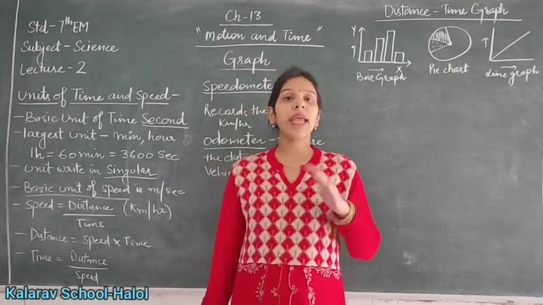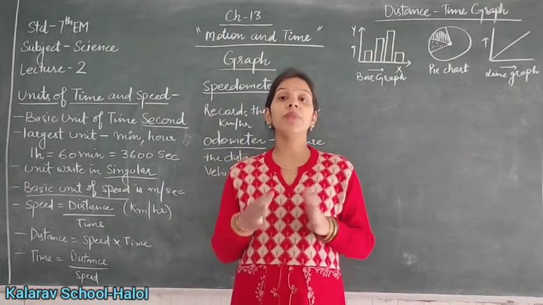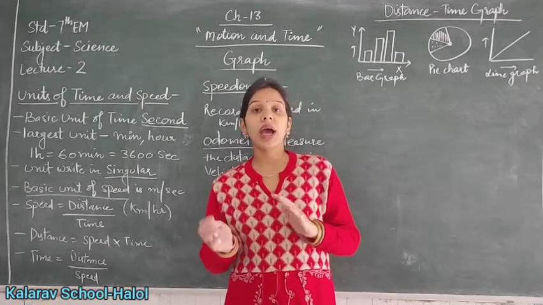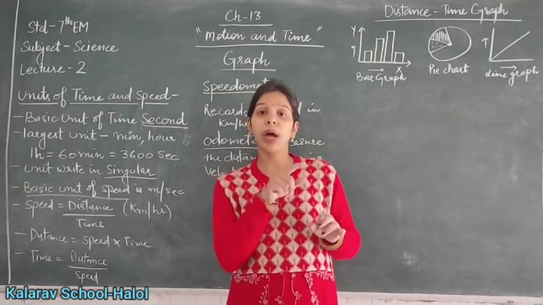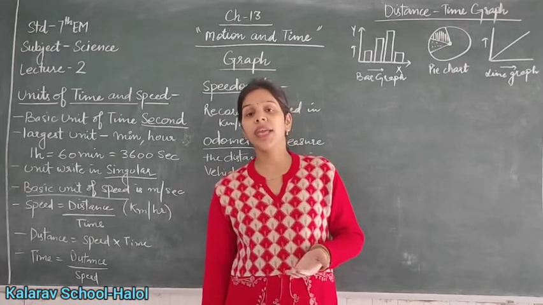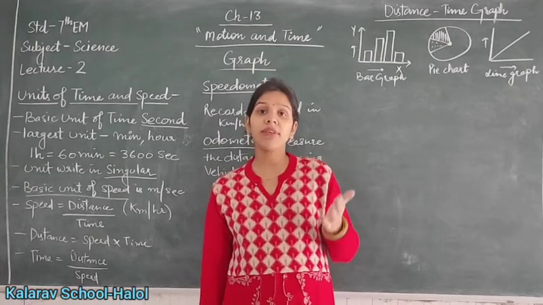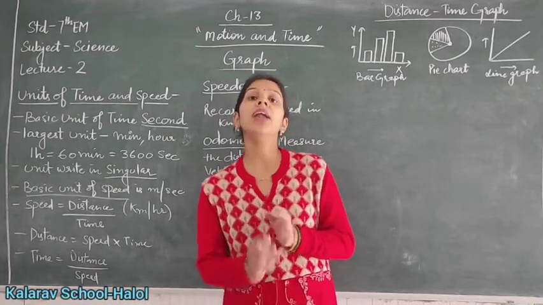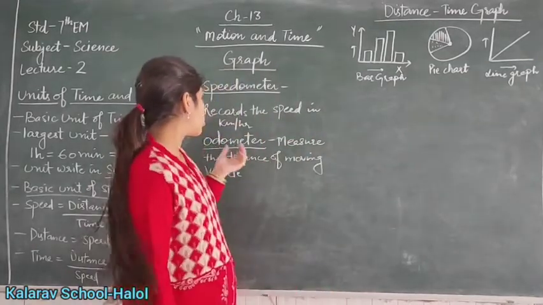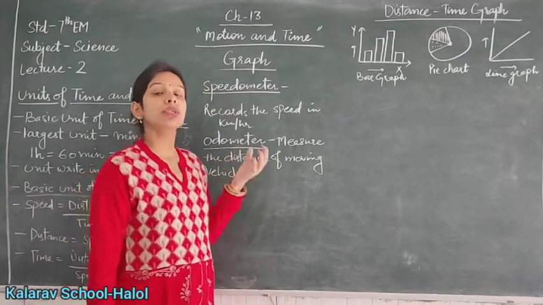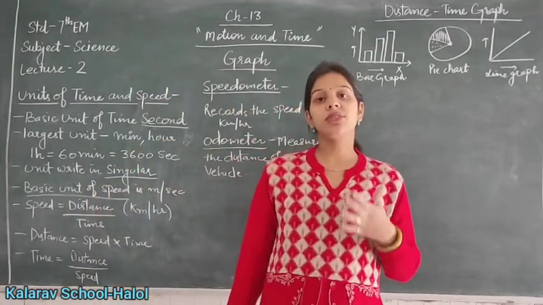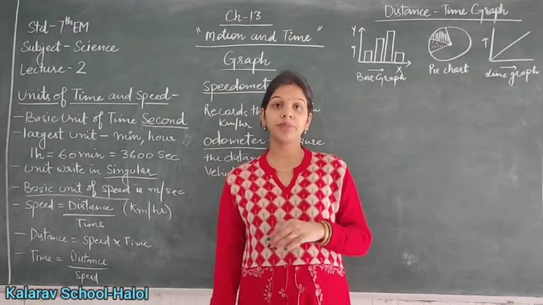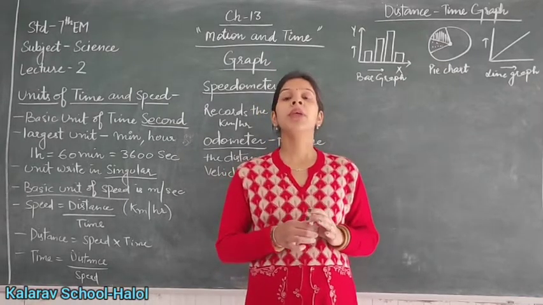When you drive a two-wheeler or four-wheeler like an Activa or a car, there is a meter that tells us how much distance we have traveled. That distance is given by a device called the odometer. So is that clear? What is an odometer? The odometer is a device which is used to calculate the distance of a moving object.